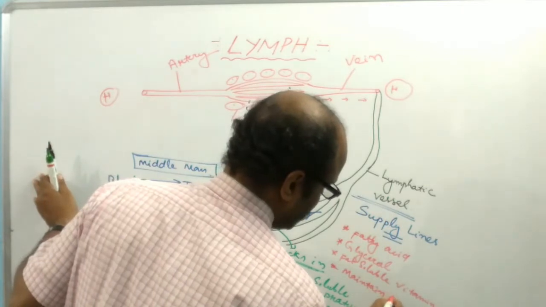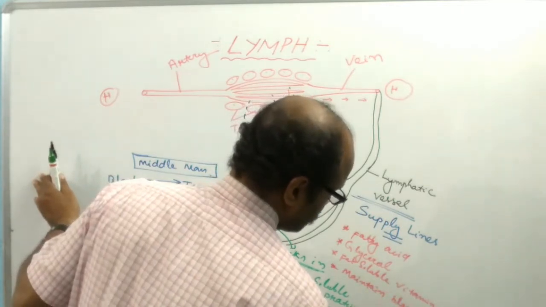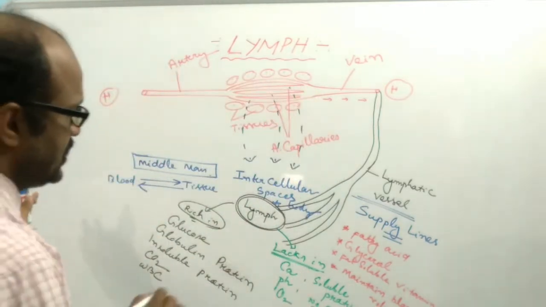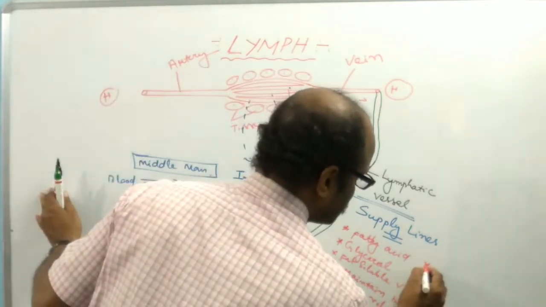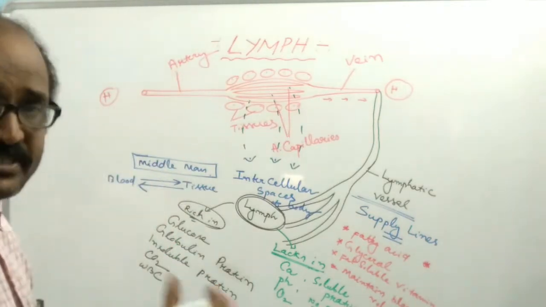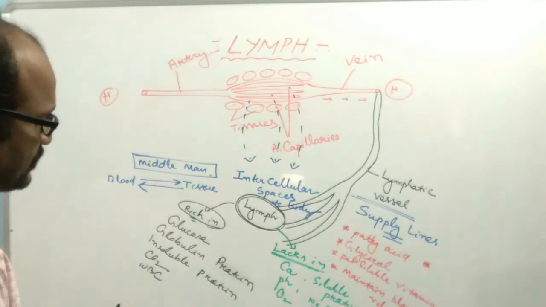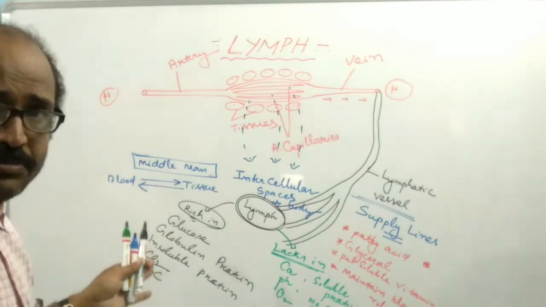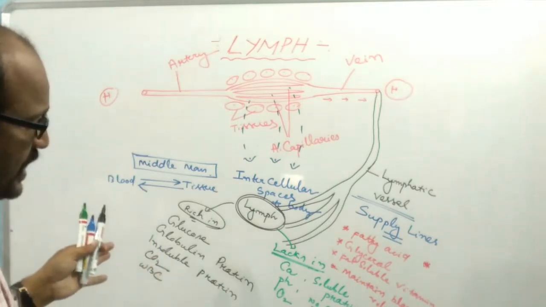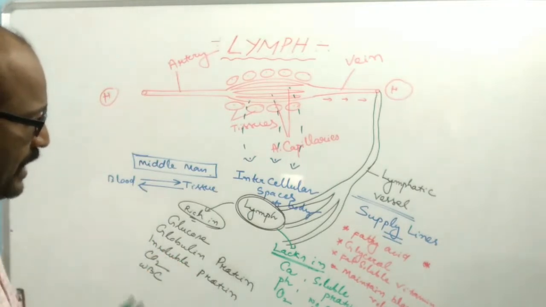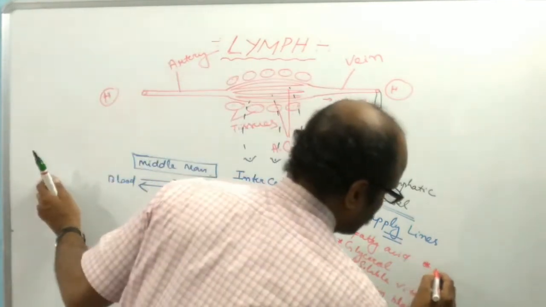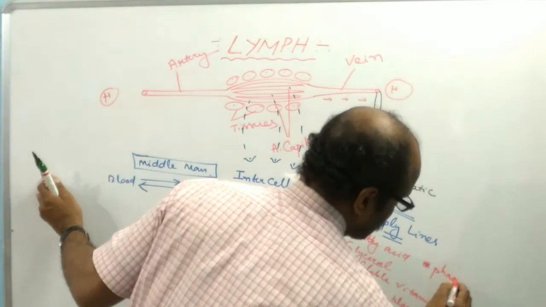It also helps our immune system because of the WBC, with 90% lymphocytes present. That's why it is phagocytic in nature, so it helps in phagocytosis.